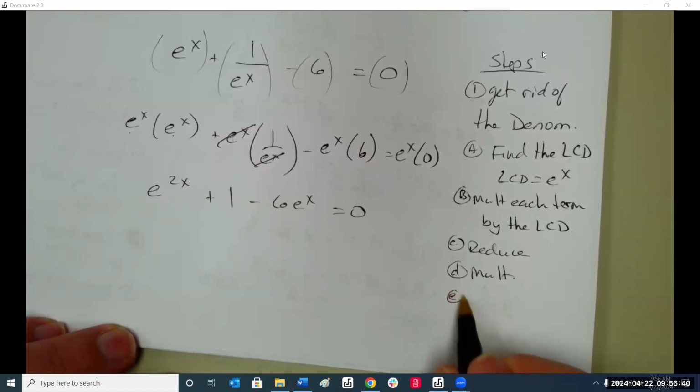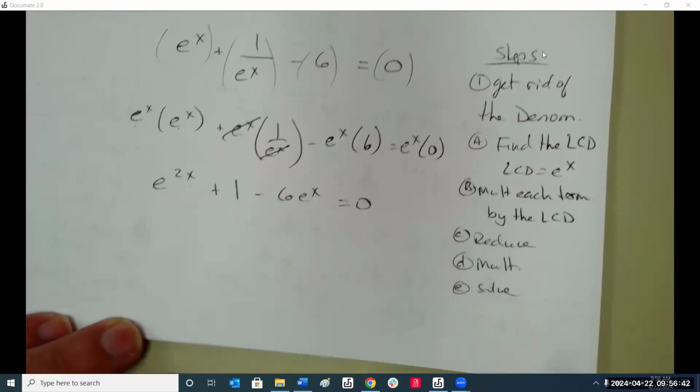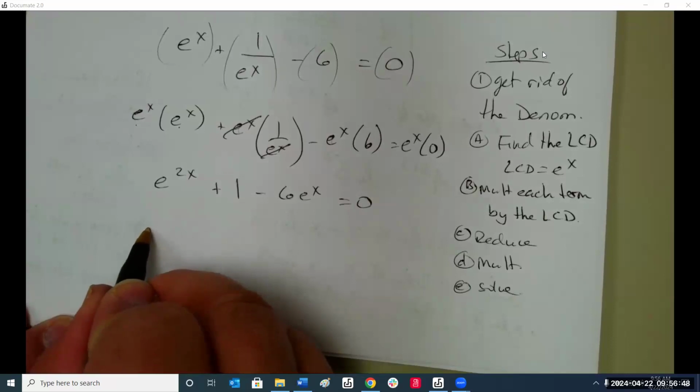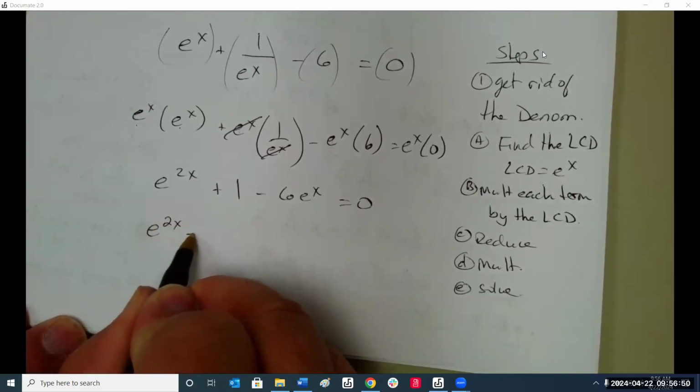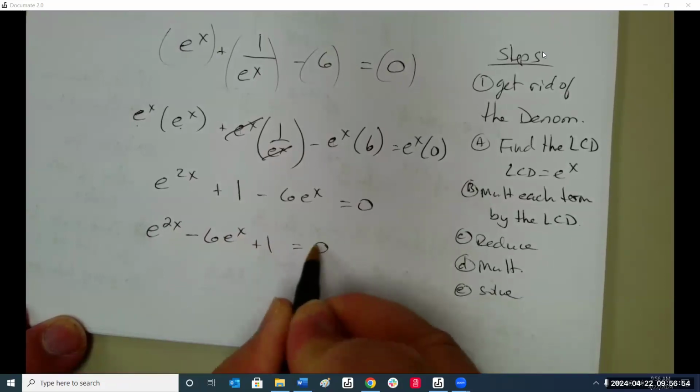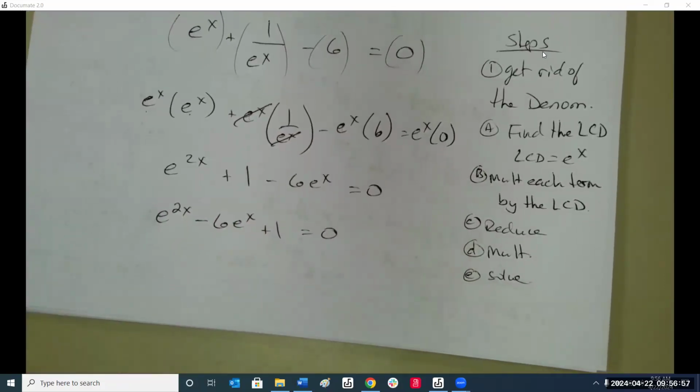And now we solve. We can rearrange these. So how do you think we'd solve this one?